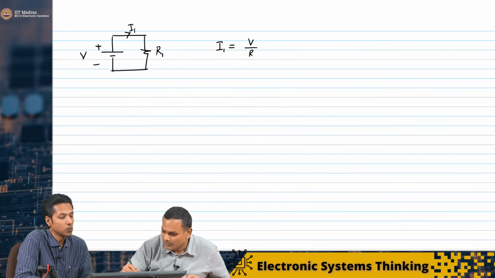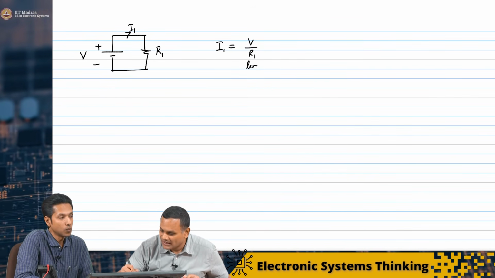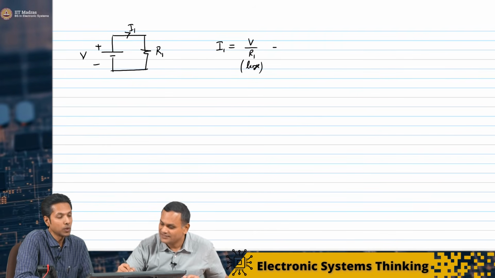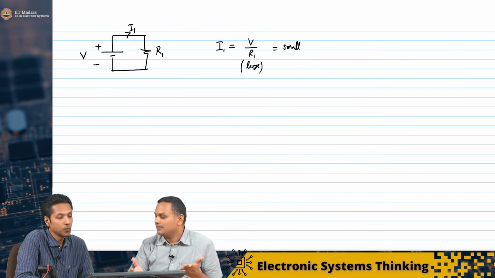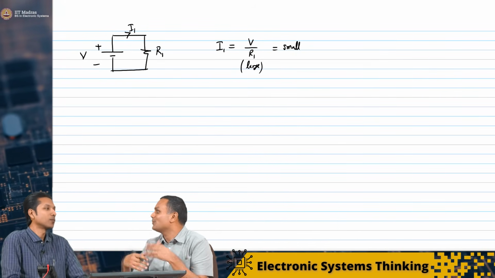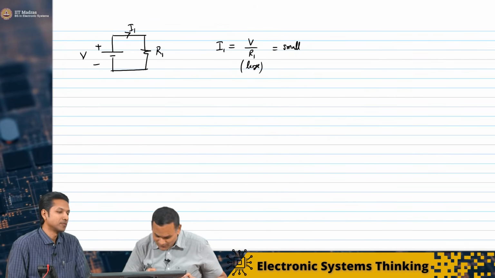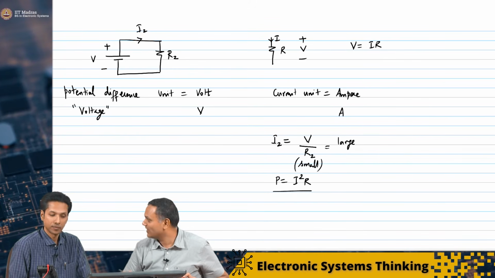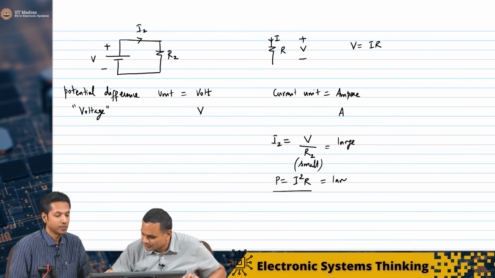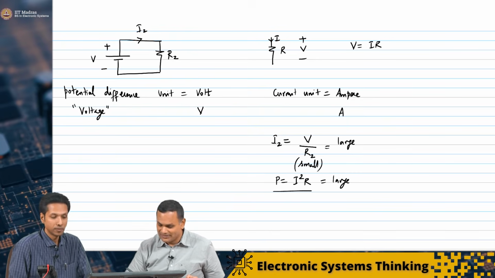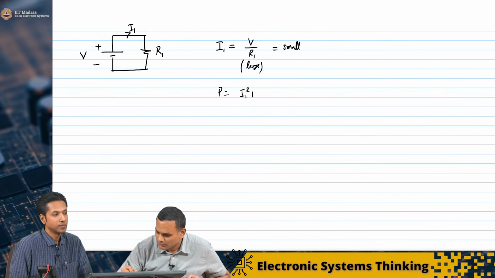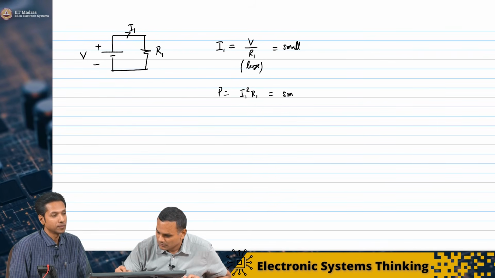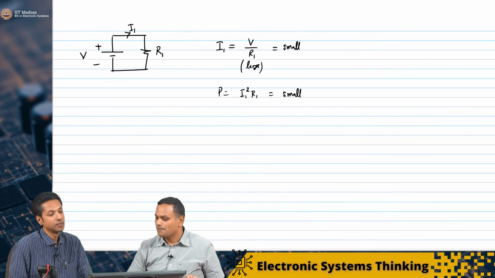I1 is V by R1. R1 was large, so this is very small. And like you pointed out, the power is I squared times R, so it is I1 squared times R.